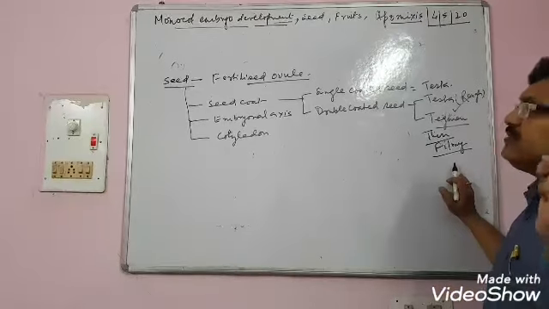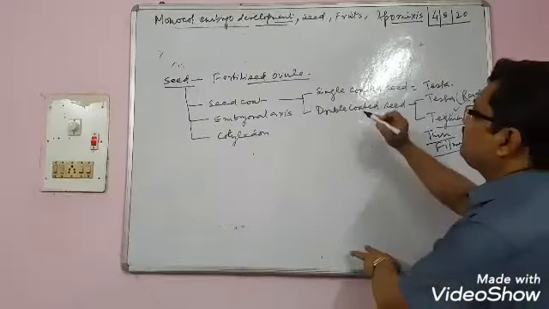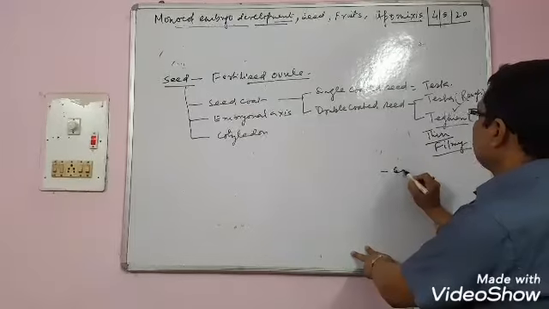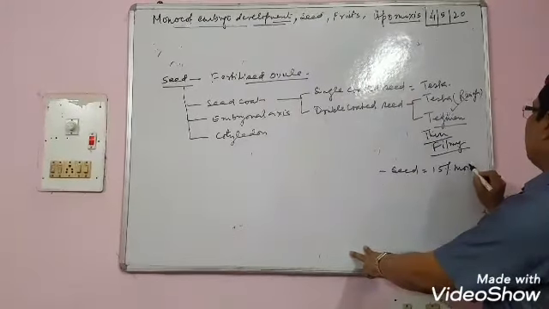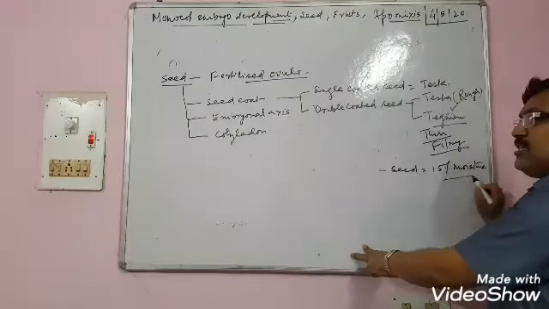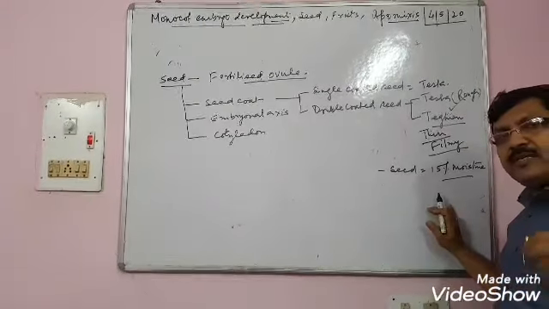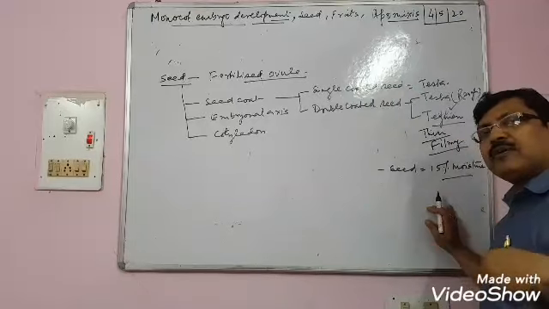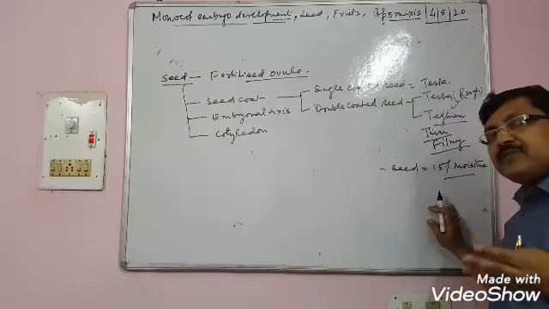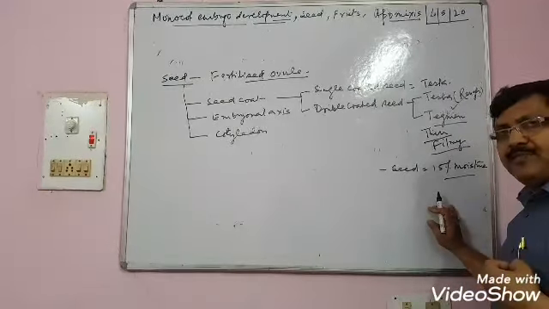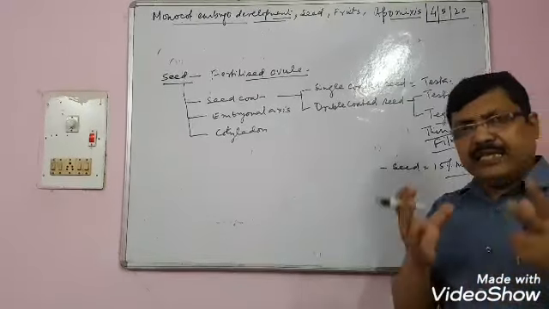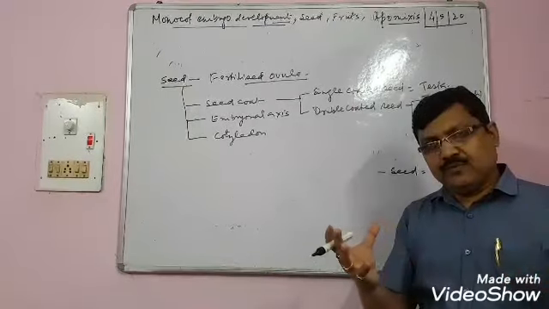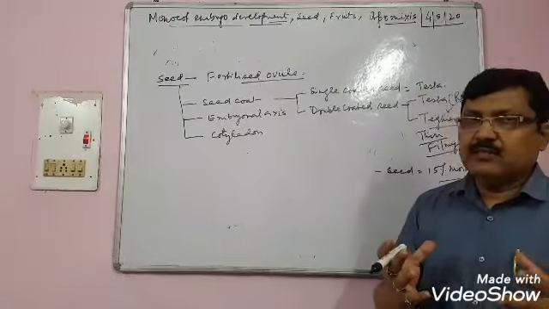Actually, the seed has 15% moisture, and this moisture helps in the future for enzymatic action after absorption of water, because a seed kept in any container in the kitchen or a store is a dormant seed, not a dead seed.